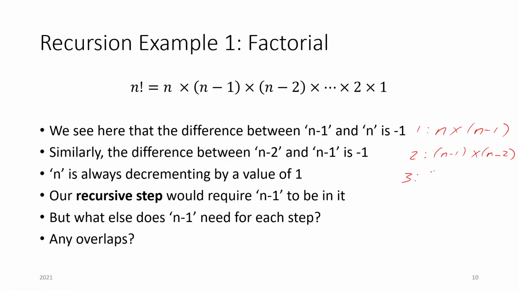Our third instance here is going to be n minus 2 by n minus 3. And we can keep on going until we reach our last instances here. It'll be 3 by 2, 2 by 1. And at that point, once we hit 1 here, we basically stop because we identified that as our base case.